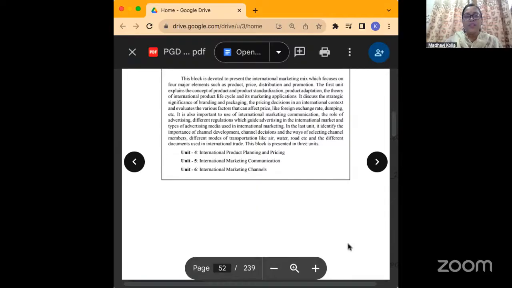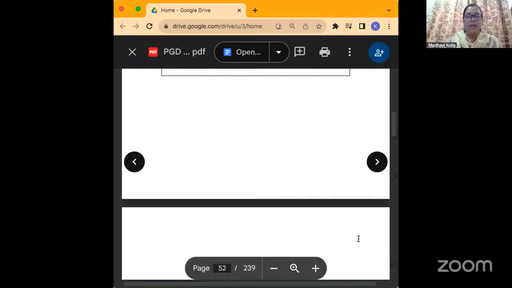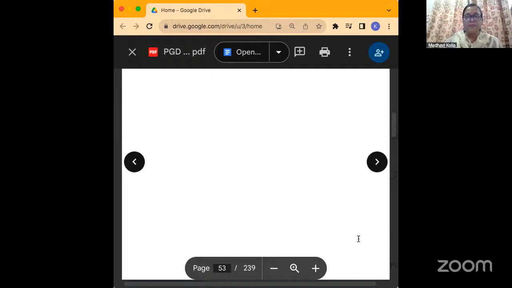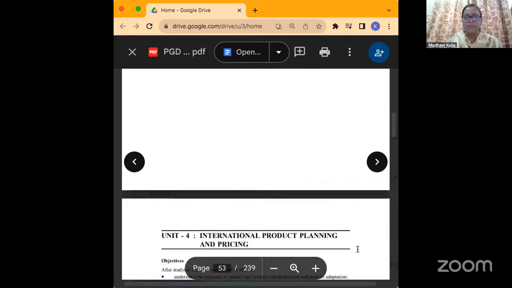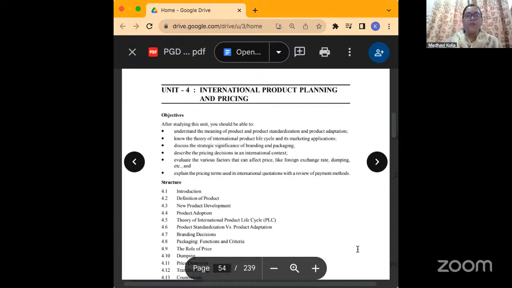So let us first start with Unit 4 International Product Planning and Pricing. The fundamental objectives of today's session are, first, to understand the meaning of product, product standardization and product adaptation.